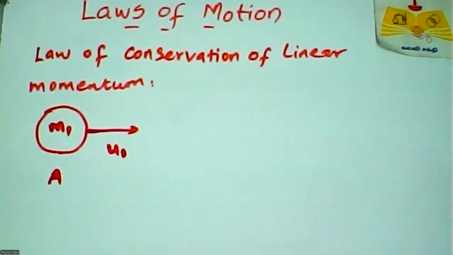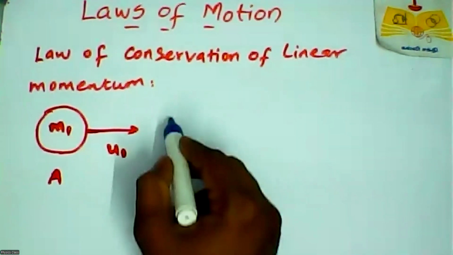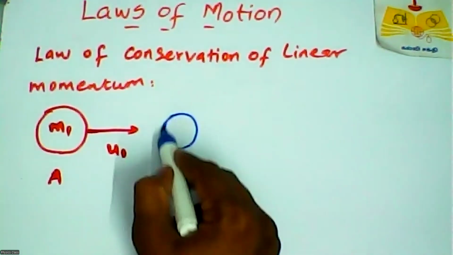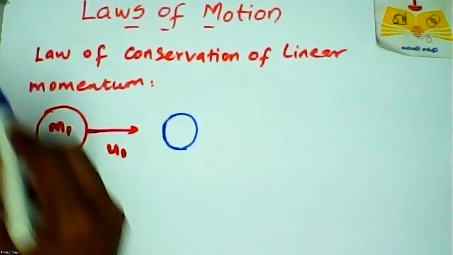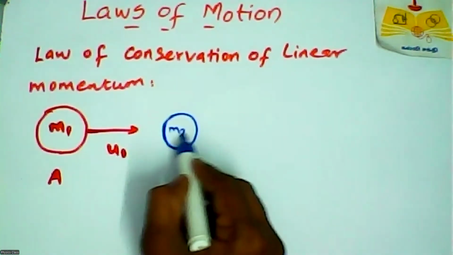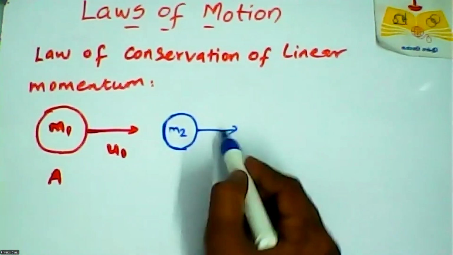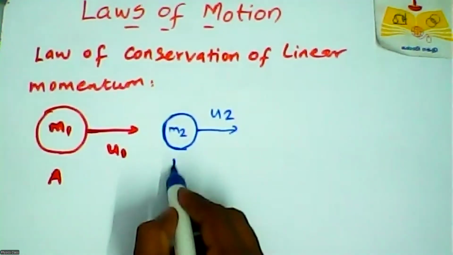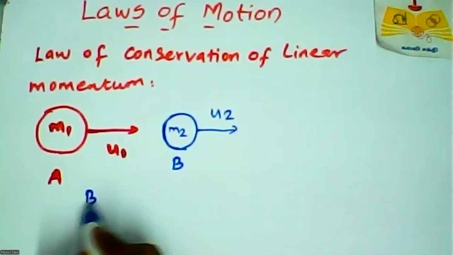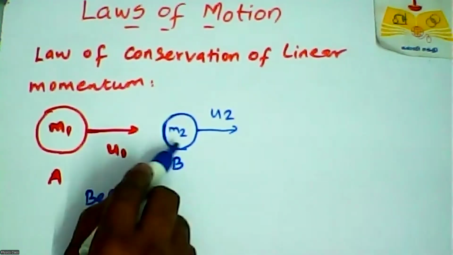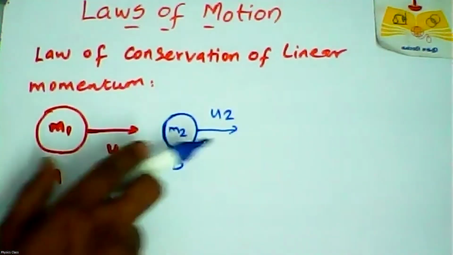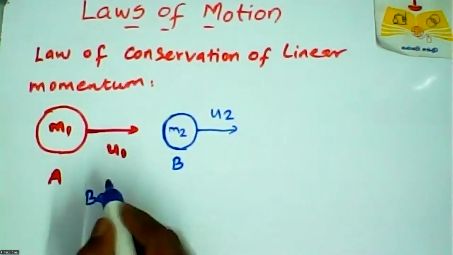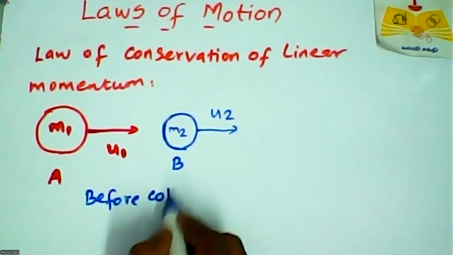Here is another object, which is much smaller than the first object. This is m2, and it also travels with some initial velocity denoted as u2. This is object B. So this is before collision. This goes in this direction, and this object also goes in this direction.